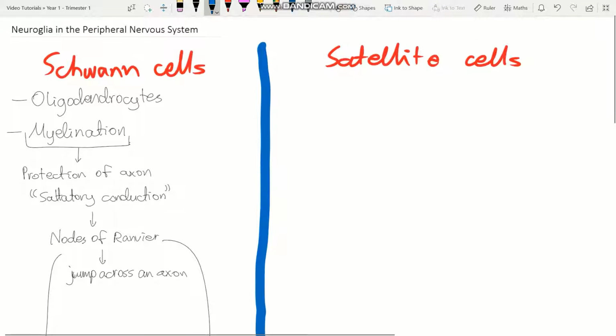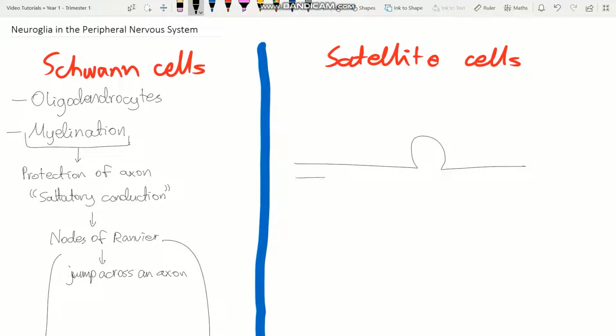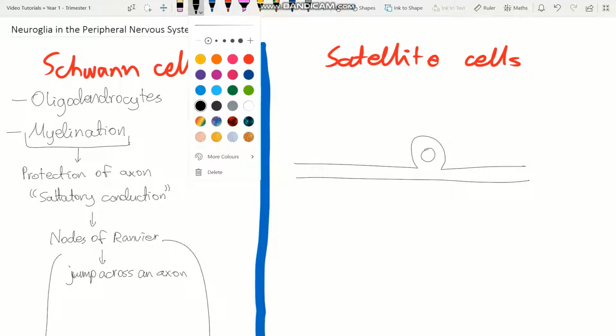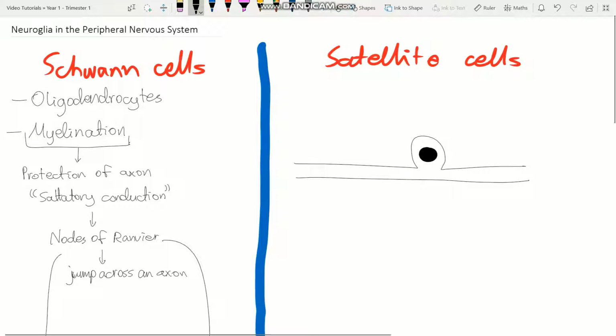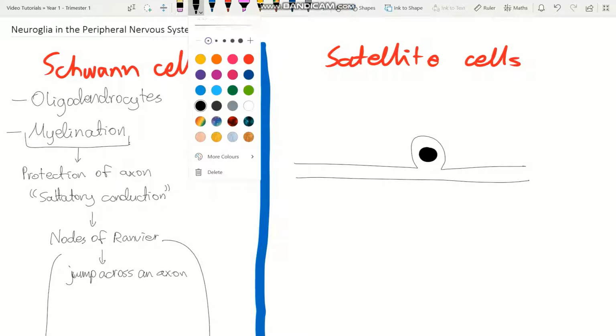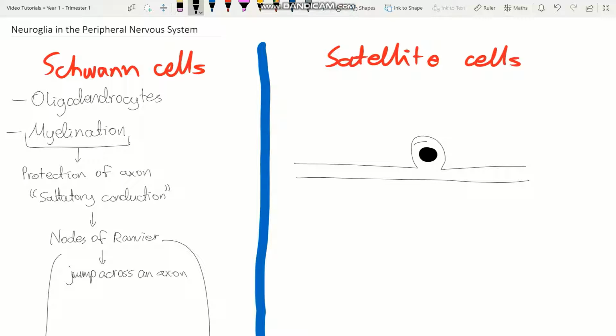The second type of neuroglial cell that is present in the peripheral nervous system is the satellite cell. Satellite cells are not present on the axon, but rather are present on the actual nerve cell body or soma. So if we have the nerve cell body here with the nucleus in black, the satellite cells will be surrounding this nerve cell body, covering it as so.